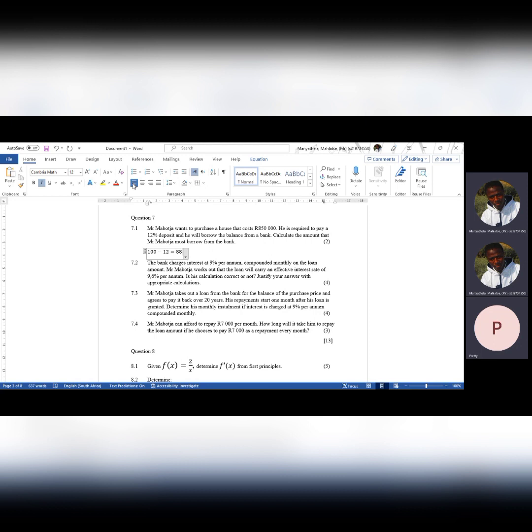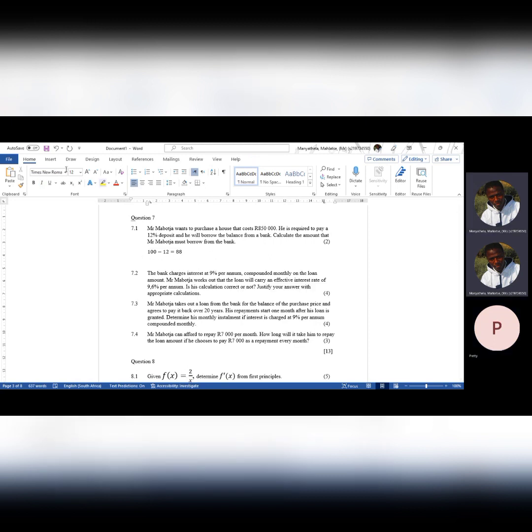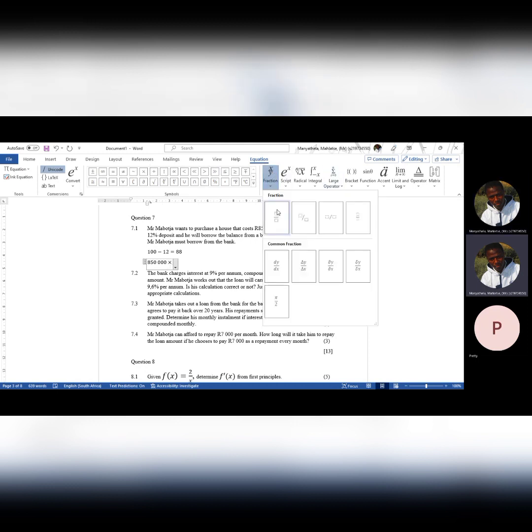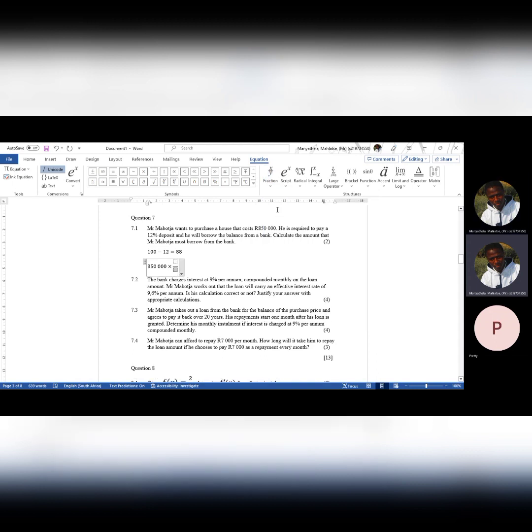This is the percentage that we're going to work with. So after finding 88, you're going to say 850,000 multiplied by 88 over 100.